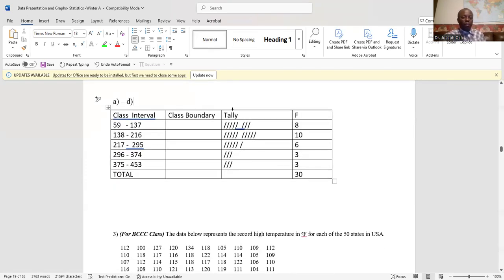So to do that, I'm going to remove this tally. I'm going to call it frequency. Okay, so I'm going to remove all this since I have it already.